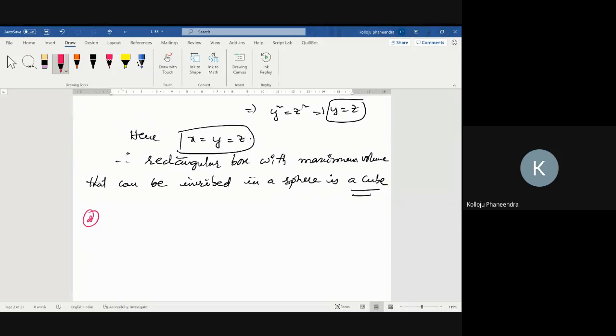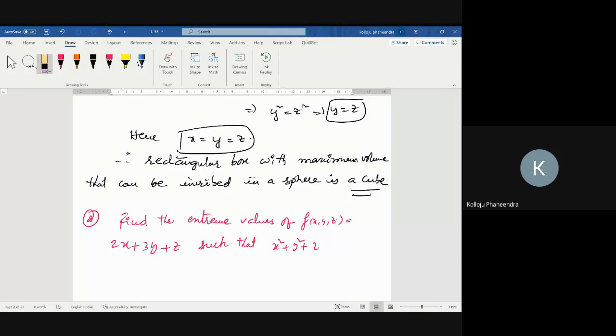Find the extreme values of f(x,y,z) = 2x + 3y + z such that x² + y² = 5 and x + z = 1. Solution.